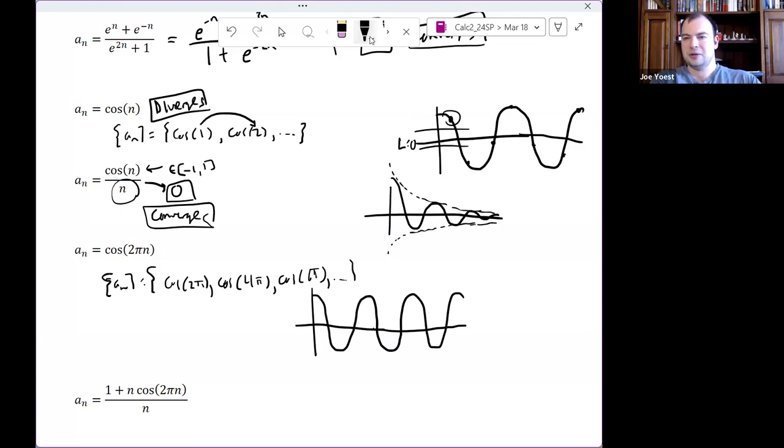I'm just, for my sequence, plucking all of these peaks off of here. This actually just looks like 1, 1, 1, and so on. The limit of this sequence is 1, it converges.